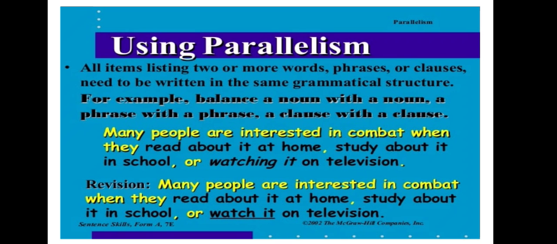Many people are interested in combat when they read about it at home, study about it in school, or watching it on television. When we revise it to parallel structure, the sentence becomes: many people are interested in combat when they read about it at home, study about it in school, or watch it on television.